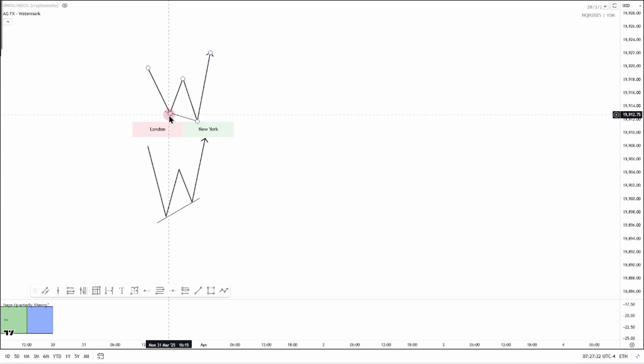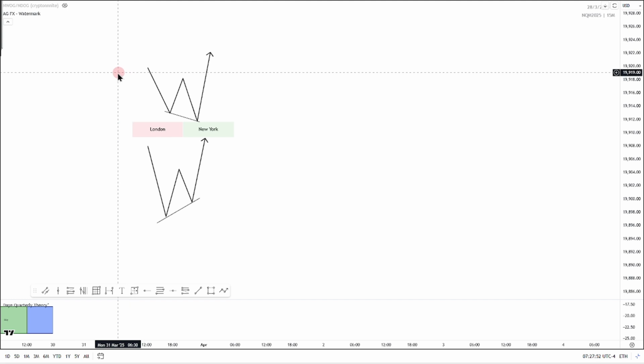This low is the lowest low in the London session, and we want to see that during New York time we take out that low, whereby in another asset we fail to take out the low of the London session. While this is taking place, because we are looking to buy, we want to see that price trades below the true day open, which is the midnight candle. Let's get into the charts and see how this looks.